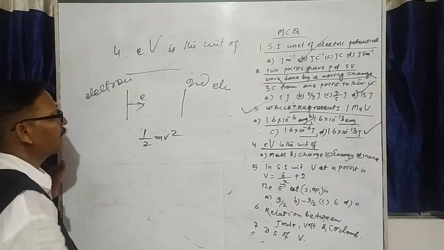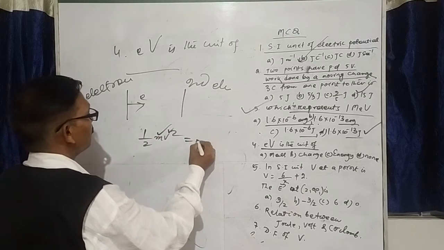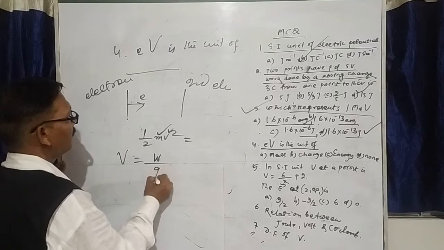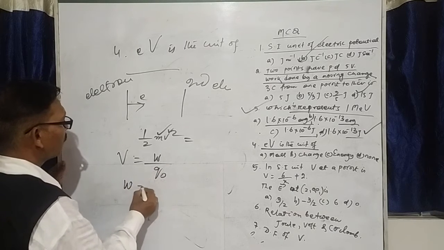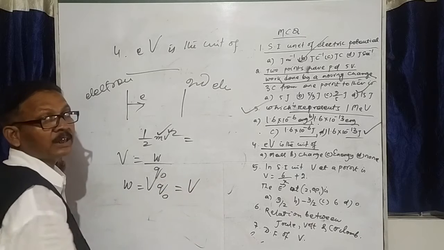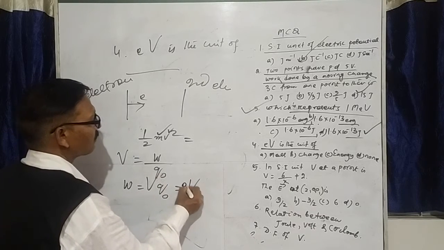This is the kinetic energy, where m is the mass and v is the velocity. V is equal to W by q0, so W is equal to V q0. V is the potential and q0 is the charge of the electron.